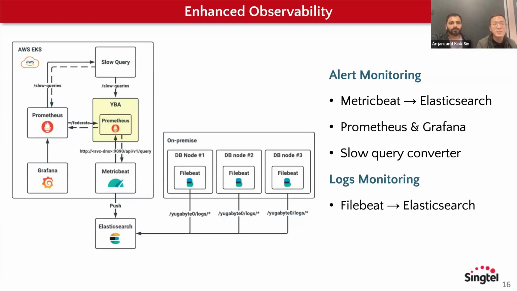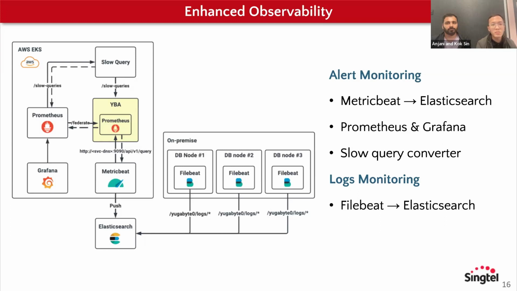Coming to this slide, I would like to share how we enhance the observability of the console and also the database. Yugabyte Console provides great observability out of the box, such as alerts support, Grafana and Prometheus metrics, and it also exposes a lot of useful APIs.